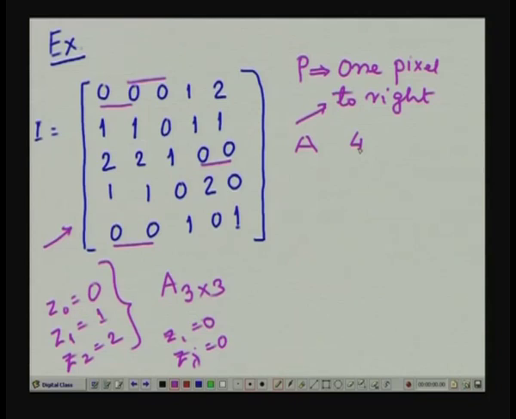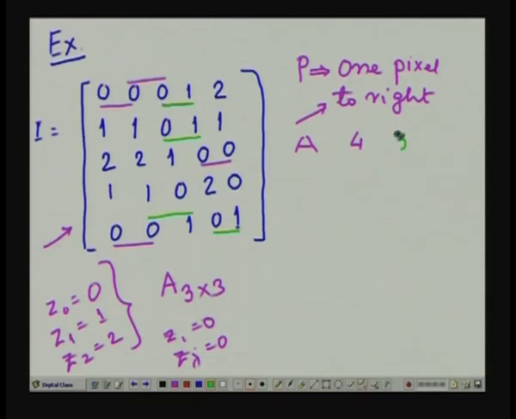Similarly, how many times will 0 1 appear within this image? This is one occurrence, this is another occurrence, this is another occurrence, and sorry, this is one more location where 0 1 occurs.